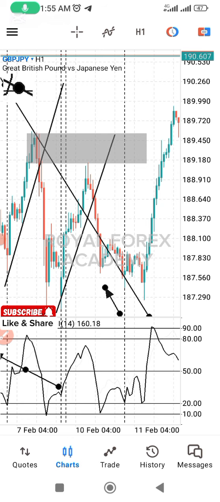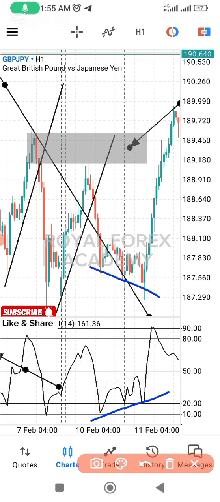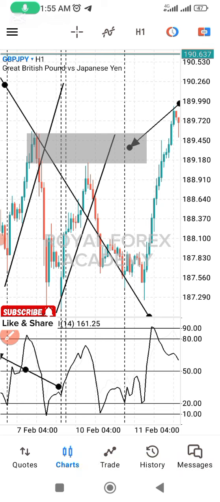So now, in this scenario, price came back here and we begin to get this signal. You can see that immediately we are spotting a divergence. So this is a divergence which shows us that a reversal is imminent. And after that reversal, something happened.